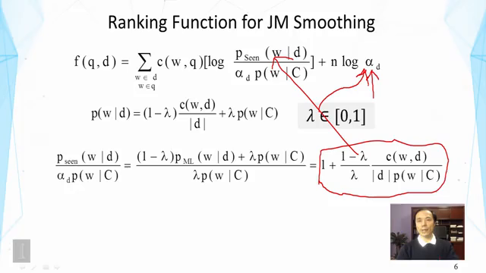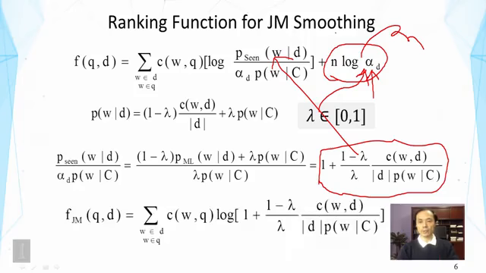And what would happen if we plug in this value here? If this is lambda, what can we say about this? Does it depend on the document? No, so it can be ignored, right? So we'll end up having this ranking function shown here.